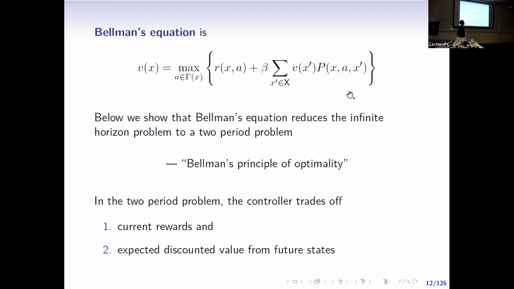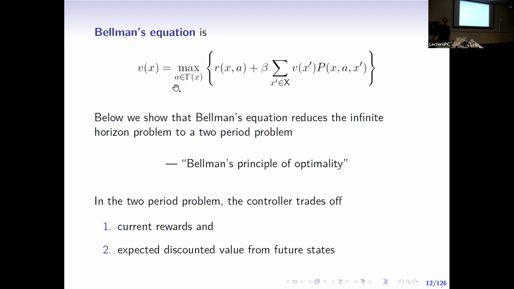In this setting, Bellman's equation looks like this. That's our really standard Bellman equation. And Bellman's principle of optimality tells us that if we take a value function and put it in here, and we solve for the maximal actions, we're going to get an optimal policy.